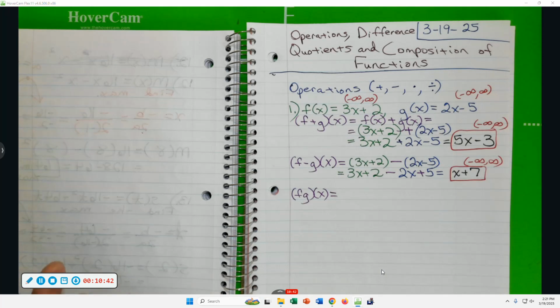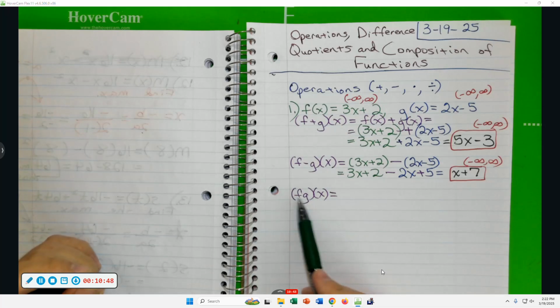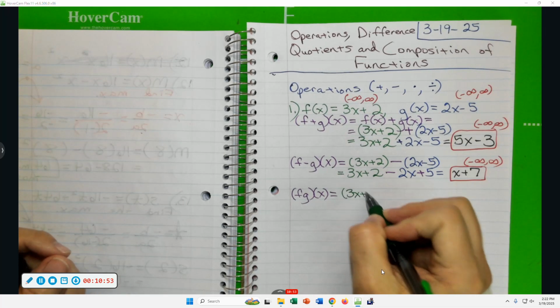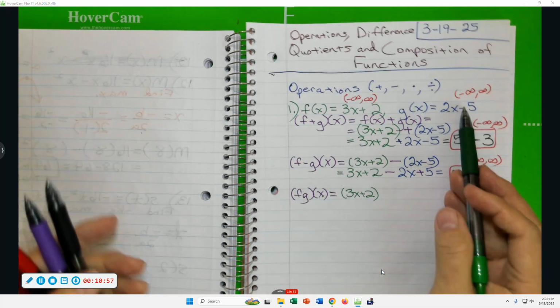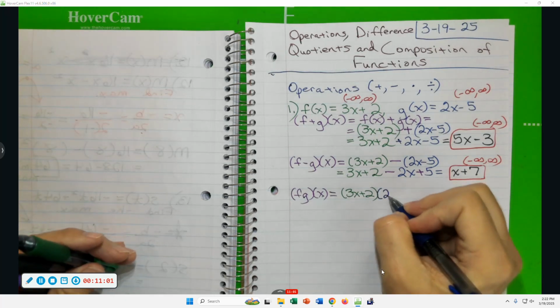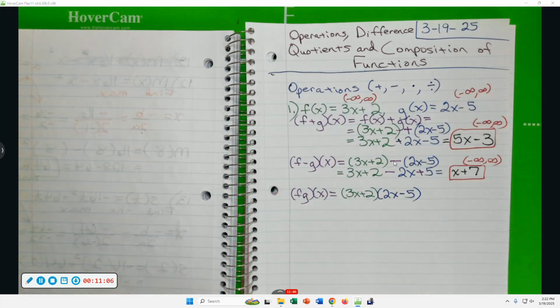We're taking f of x, that's just 3x plus 2, and we're going to multiply it by g of x, that's just 2x minus 5. So you're just basically writing the same thing you wrote here without the purple plus and the purple minus.